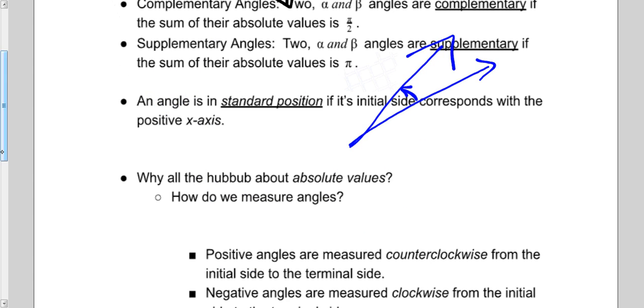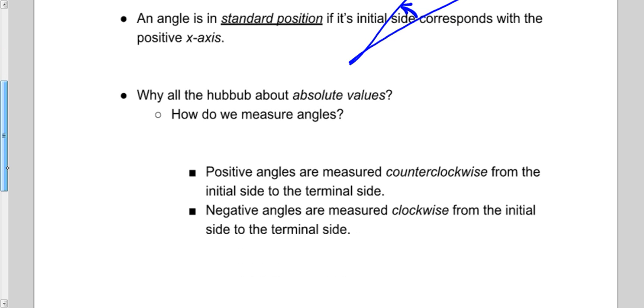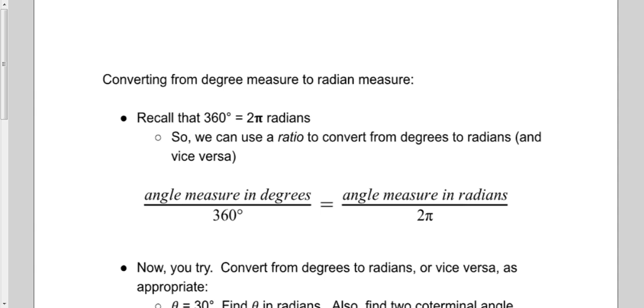Okay. We talked about positive and negative angles. Now we're going to get to how to make degrees into radians, how to make radians into degrees. You've probably been given two equations in the past.